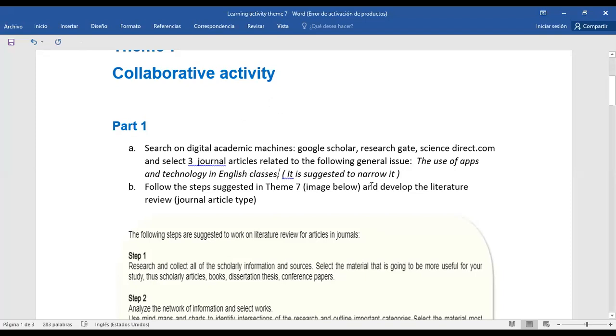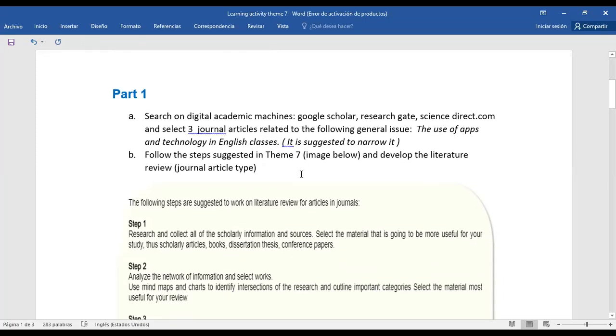Then you can select the narrow, the specific app or technology, and in that way you make it narrow. Why? Because it's going to be easier for you to find only about cell phones, apps, or tablets, or any specific technological tool, okay? And then you can find the articles in an easy way. That is the idea, okay?